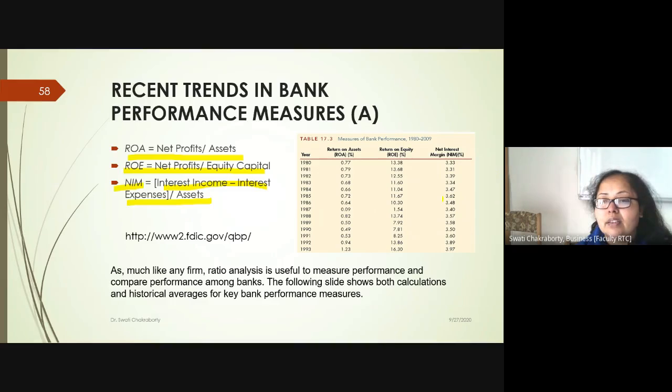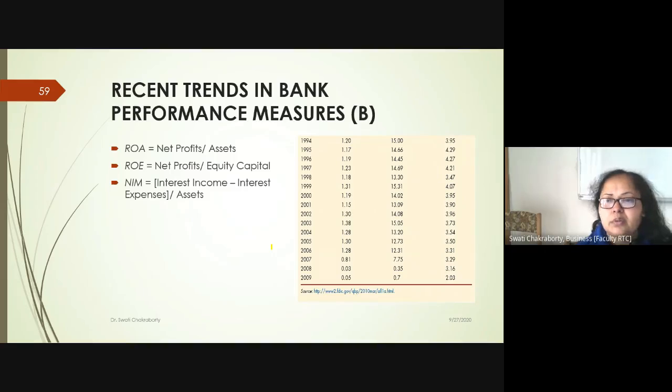So you can see the calculation of bank's performance, right? As with any other firm, ratio analysis is also useful to measure performance and compare performance amongst banks, right? So see, this is all the calculations that have been done for the years, right?